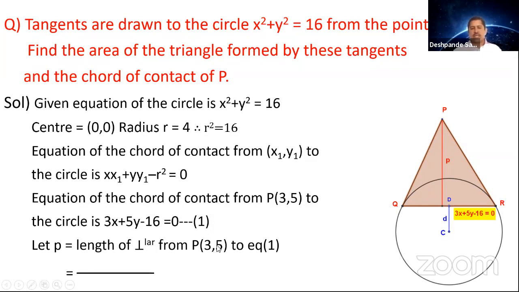So you can write it as modulus of 3 into 3 plus 5 into 5 minus 16 divided by root over 3 square plus 5 square. So 3 into 3 is 9, 5 into 5 is 25, minus 16. So 9 plus 25 minus 16 is 18, divided by root 34. So you get the distance from P to this line QR as 18 divided by root 34.